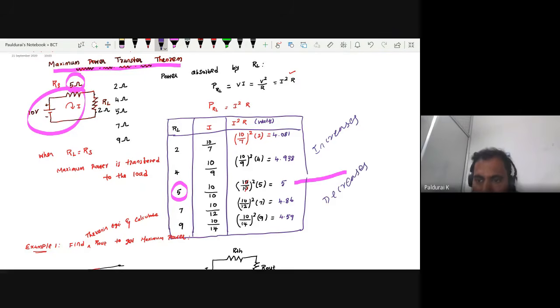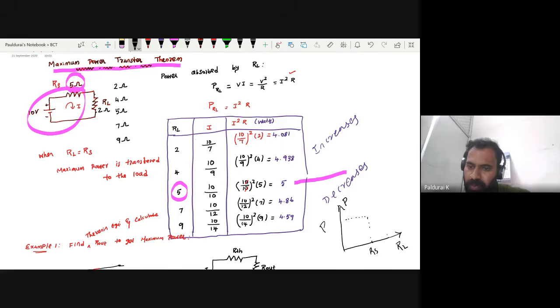So now if you catch the relation between this, just for your information, take this load resistance. Take the power. So when RL equals RS, you will get the maximum power.